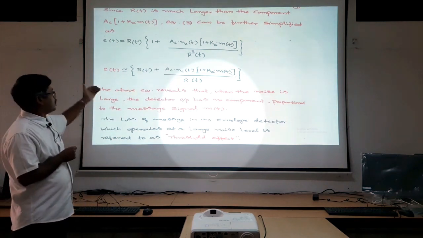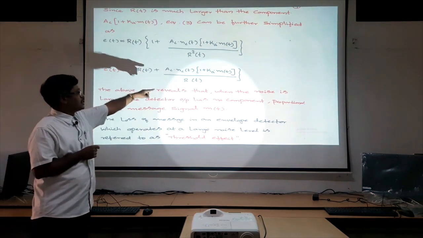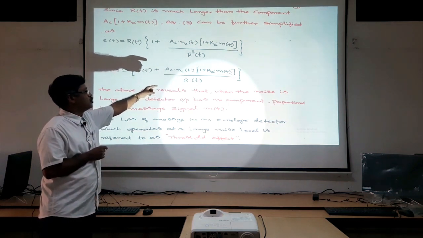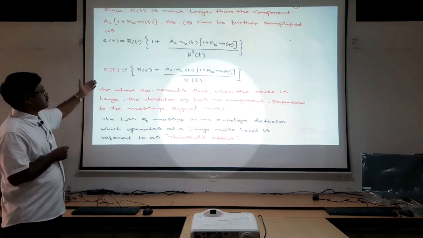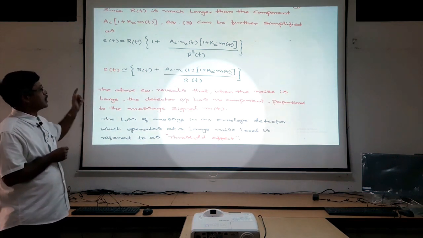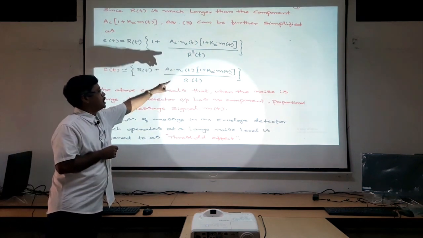So from this expression I can say that the noise is more in the denominator. When the noise is more in the denominator, the envelope can be further approximated. Or otherwise, for the large noise case, this noise is no longer additive with the message signal.